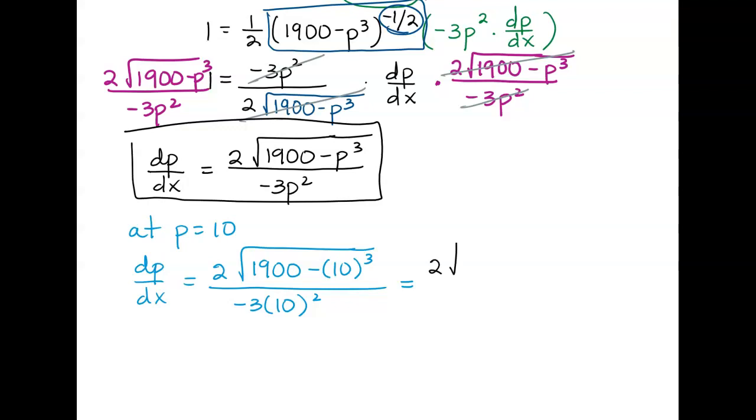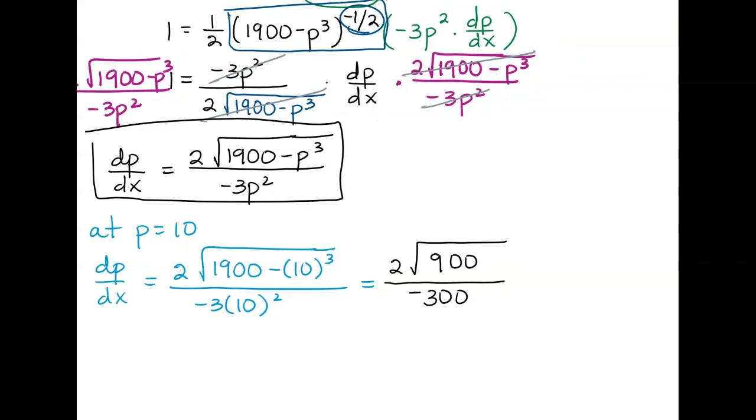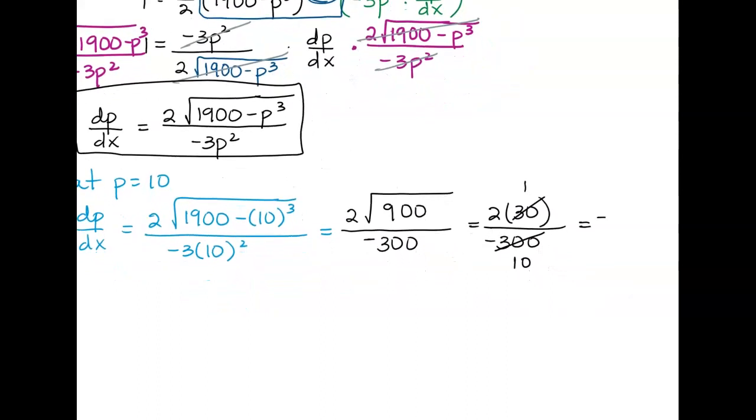So this is 2 times the square root of 1900 minus 1000, which is 900, over negative 3 times 10 squared, which is negative 300. The square root of 900 is 30. So this is 2 times 30 over negative 300. And then I'll just simplify this. 30 goes into 30 once. 30 goes into 300 10 times. So this leaves us with a negative 2 over 10, which is a negative 1/5.